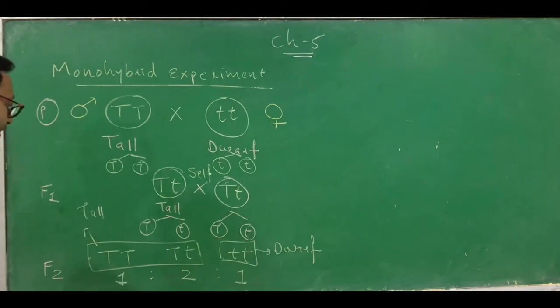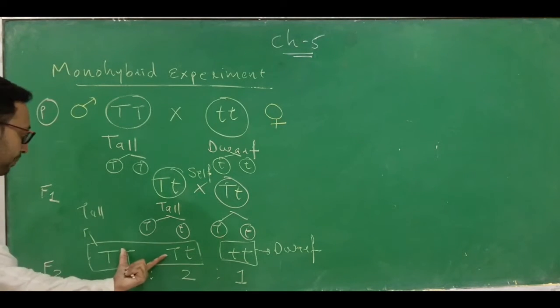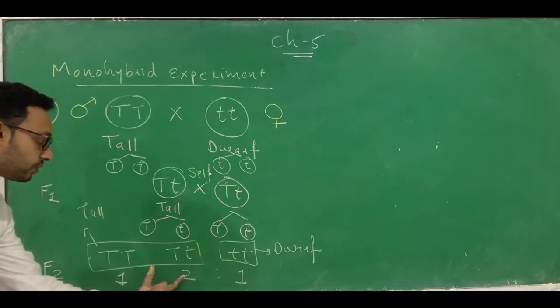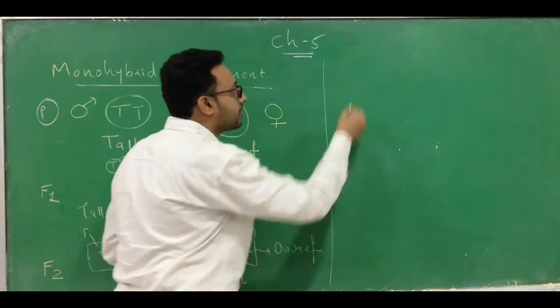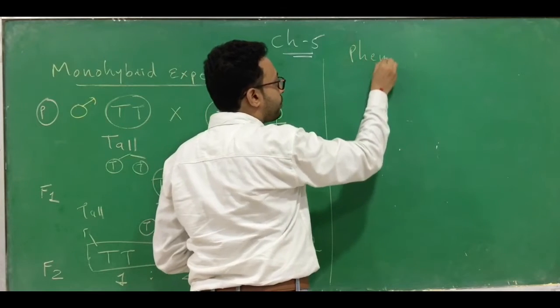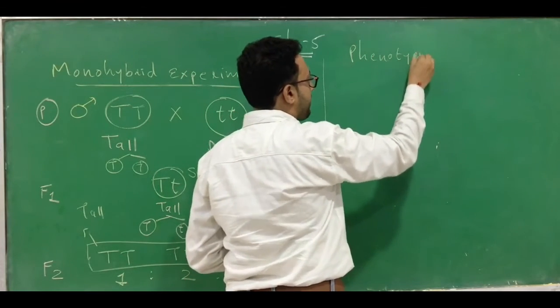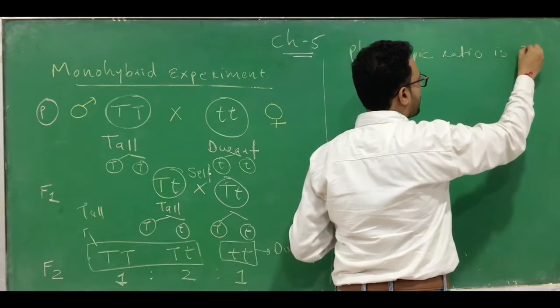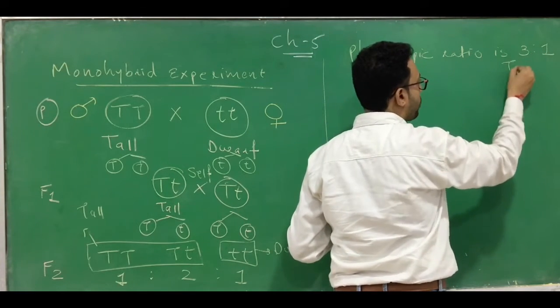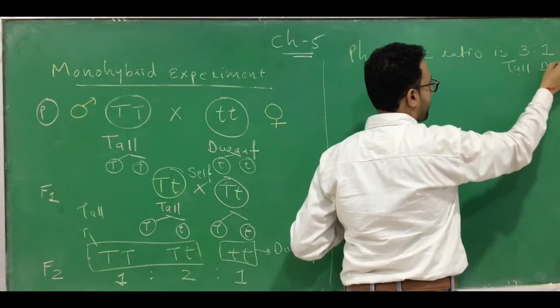If you consider the phenotypic ratio, phenotypic means characteristic, 3 plants were tall, 1 plus 2, 3 plants were tall, 1 is a dwarf. So in Mendel's experiment, the F2 generation phenotypic ratio is 3:1, 3 tall, 1 dwarf.